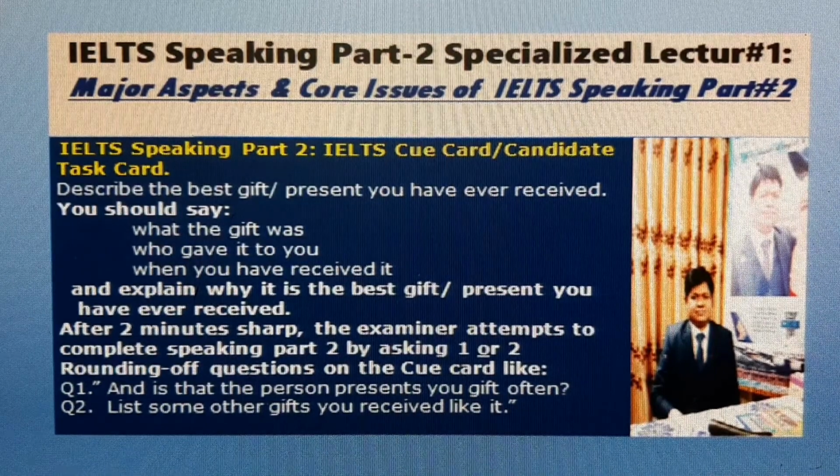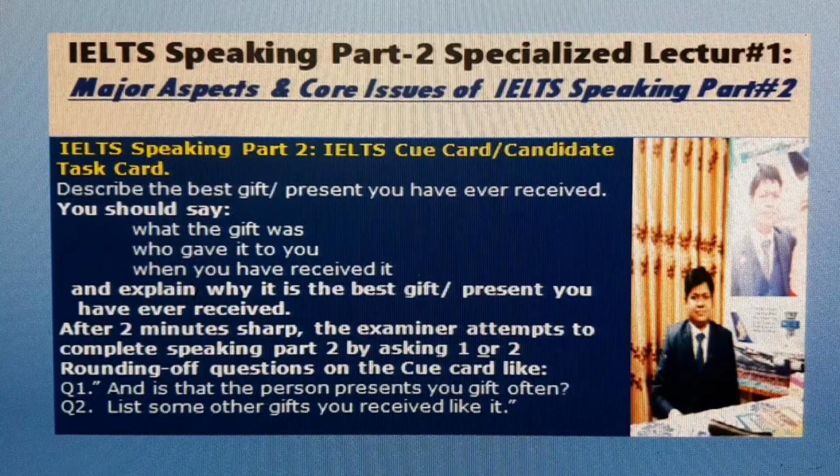Here are 2 important aspects to remember. Number 1, the whole test will be recorded by an audio recorder that will be used as the speaking test exam script to assess the candidate's score by a second examiner, as well as storing the candidate's performance for the future.